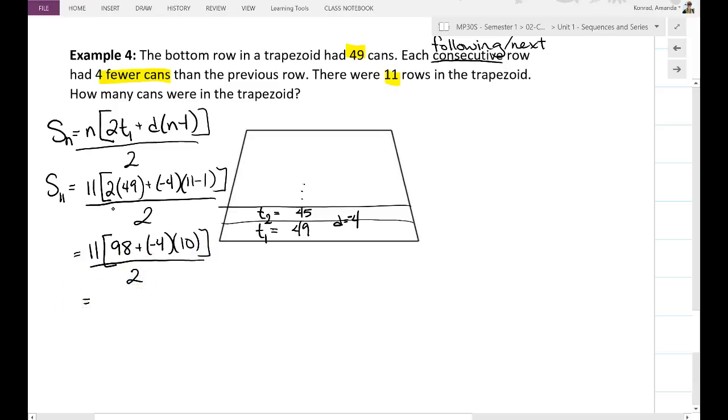Again, feel free to skip as many steps as you want. That can even be a round bracket now. Going to be subtract 40, watch your integers. Now again, I like reducing my numbers and dividing as soon as possible.